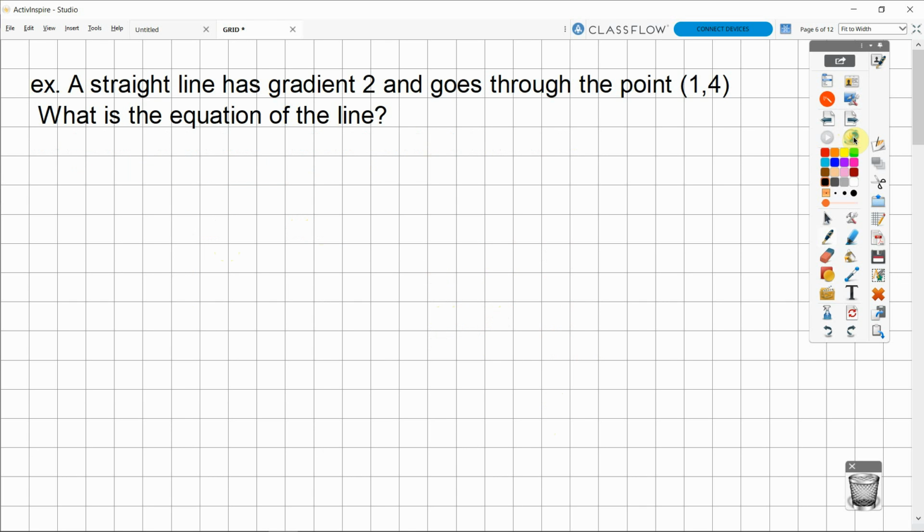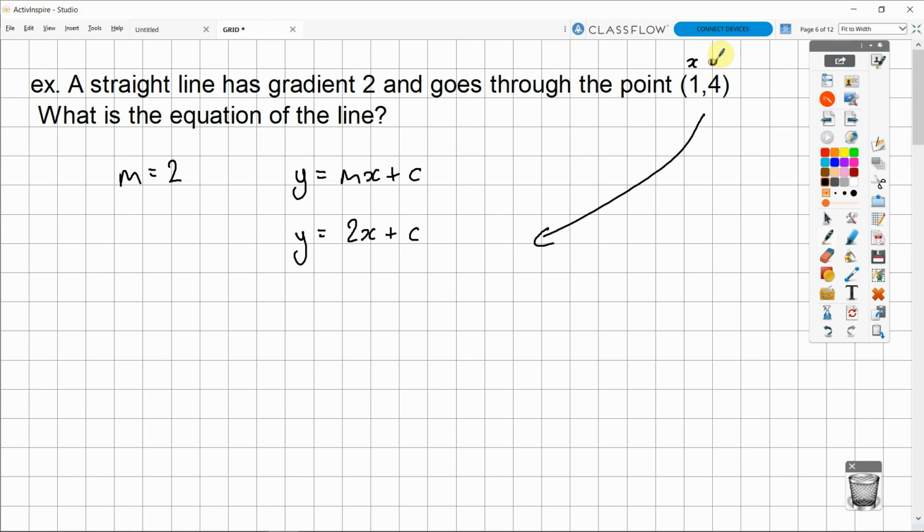If we develop it a little bit further, such that we're not given the y-intercept, we're given still the gradient and some point on the line, what we can do here is we know that the gradient is 2, so we know from y equals mx plus c, we know that y equals 2x plus c. But we can now bring in this information here.